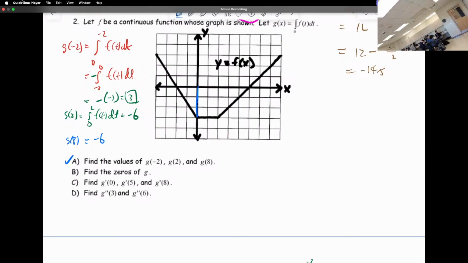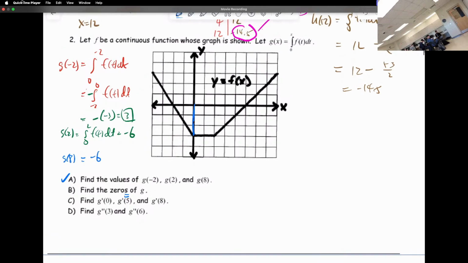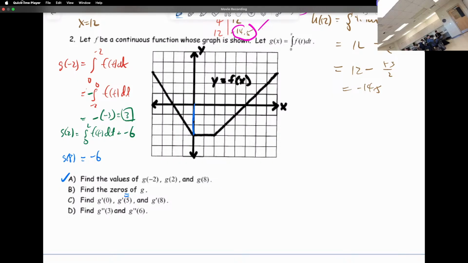Now, a lot of people have questions about zeros. First of all, it says zeros, so it's probably more than one in this particular case. First property: the integral from 0 to 0 of f(t) dt is equal to 0. So x equal to 0 is one of them, but there's a second one.